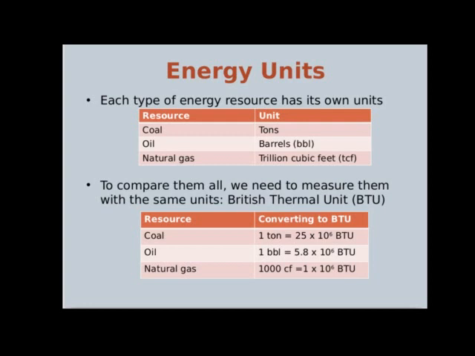So you can see in the table that 1 ton of coal has the same energy as 25 million British thermal units. 1 barrel of oil has the same energy as 5.8 million British thermal units. So 1 barrel of oil is about 1/5 of the energy of a ton of coal. And then 1,000 cubic feet of natural gas is about 1 million BTU.